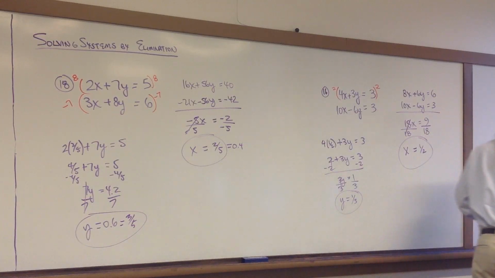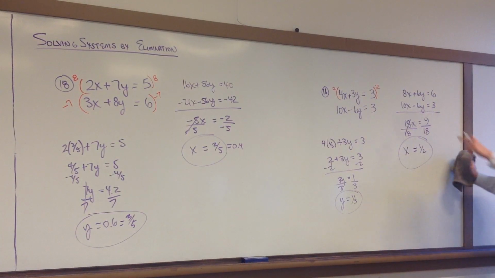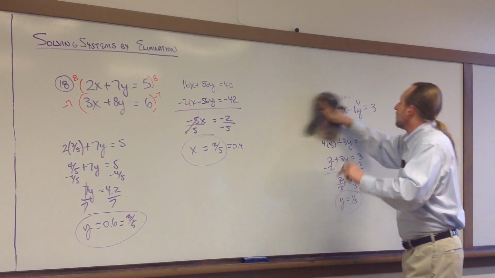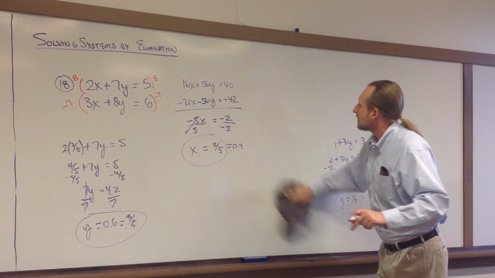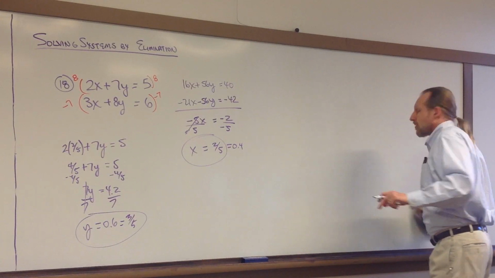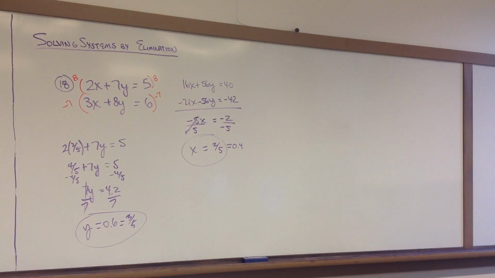Let's double check. Maybe let's check that answer, make sure that it works. I kind of did that quickly in number 16. I think for this one, I will work it out, not just do it in my head. Okay, so let's see here.